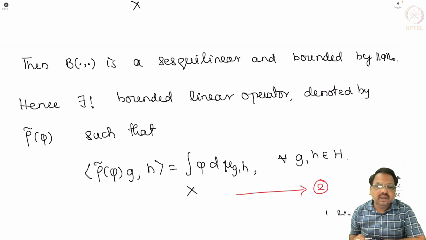So we get that the inner product of rho tilde(phi) acting on g with h is nothing but the integral over X of phi d mu_{g,h} for every g, h in H. Let us call this equation 2.